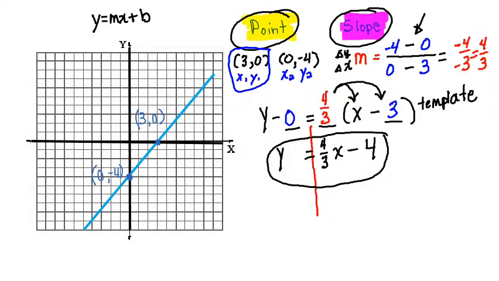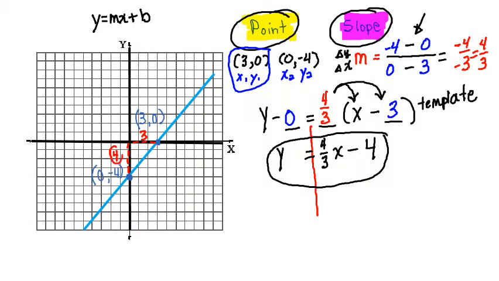Now, remember I said that there was actually kind of 2 ways to figure out the slope? When I have the 2 points and I've got it on a coordinate plane here, we can actually figure out what the slope is. Here, we're going up positively 4, and we're going over 3 just by climbing stairs.